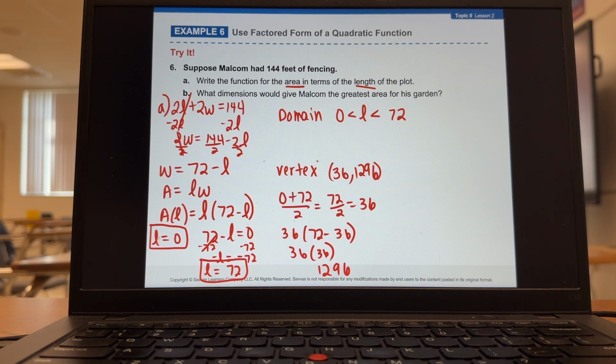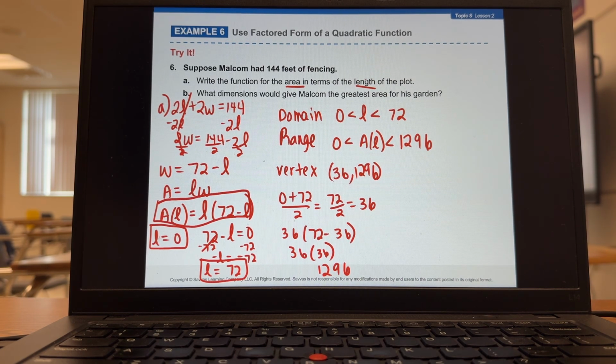So my smallest range is 0, and my biggest range is 1,296. So this would be my answer here for letter A.